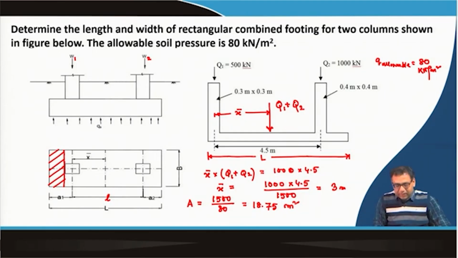So if we multiply the allowable bearing pressure with the area, that load should be equal to the load that is coming to your foundation. Based on that we determine the required area, and that is 18.75 meter square. So, what will my L value be?